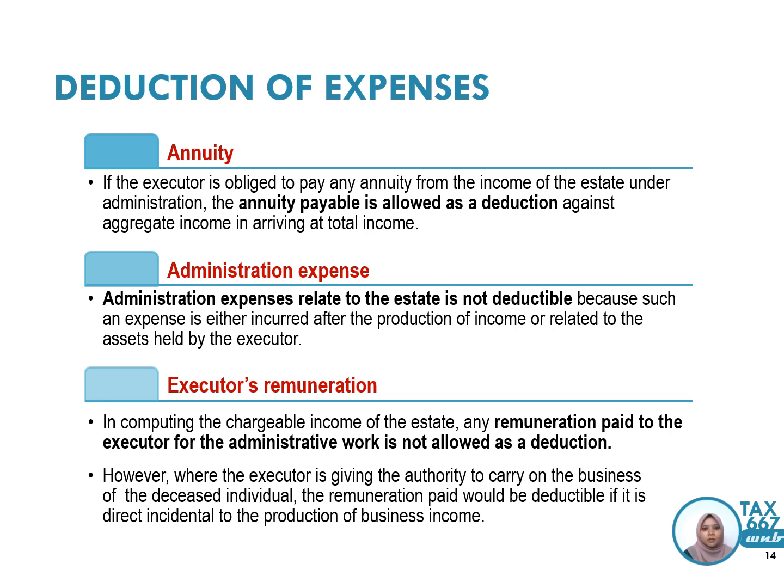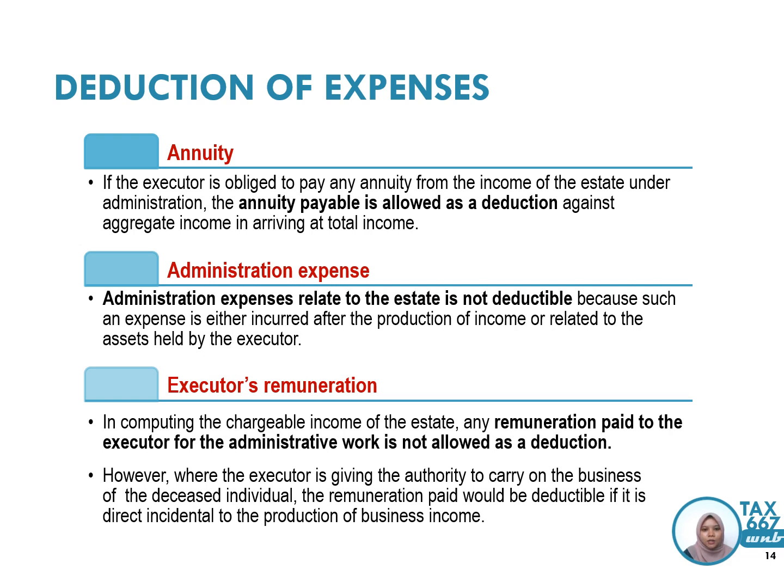Now we come to deduction of expenses. Tadi income, ada juga expenses yang kita nak tengok. Kita boleh tolak ke tak in arriving at chargeable income for both parties. First kali, kita ada annuity.